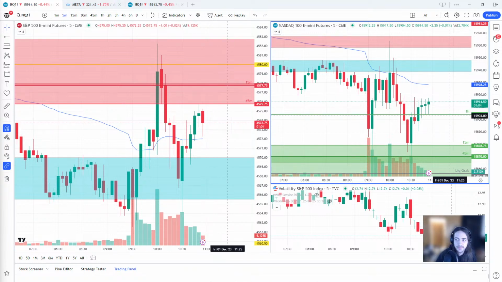I guess I'll try to scale out of one contract at the top of that wick, but might have missed that exit. Let's see. But if it does just want to pump and continue... Nope. Nope. Nope. Stop hunted. Oh, let's see. I personally feel like we should see more of an uptrend from here. But Apple's really struggling.